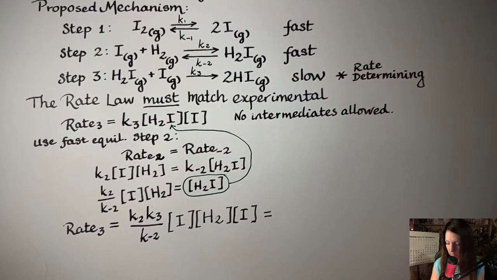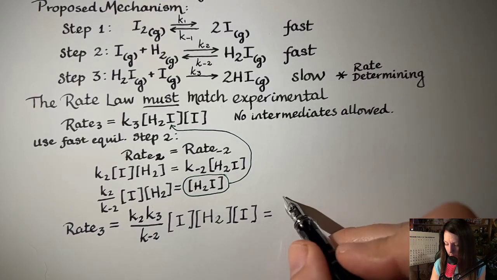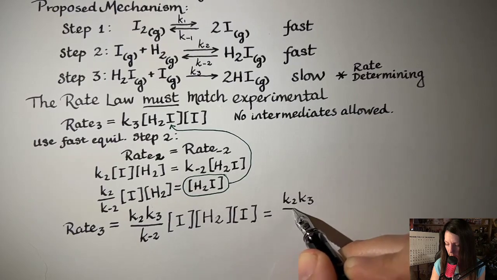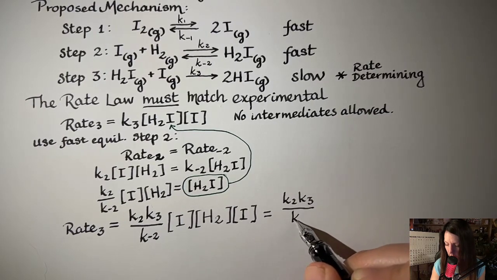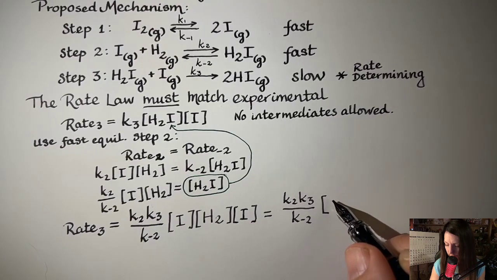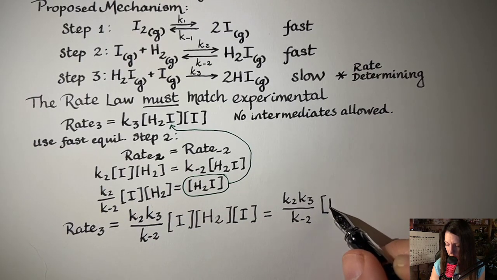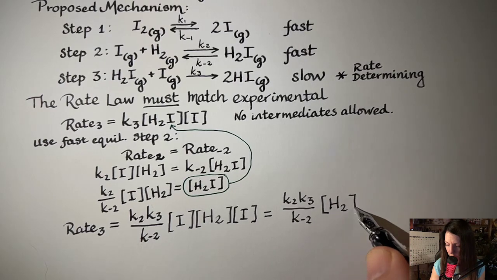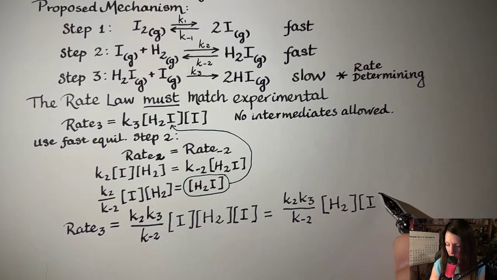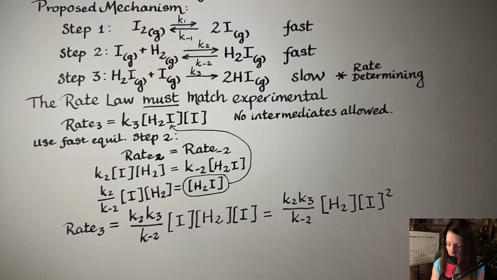Bring this up onto the sheet. K2, K3, K minus 2. Okay, look at what we can do here. We could write this for H2 and then combine those two I's together.